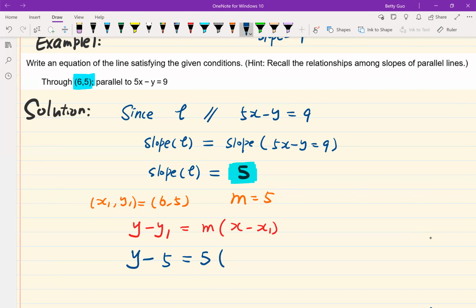Copy it. Copy parentheses. Inside the parentheses, we have x minus x sub 1. What's the value of x sub 1? 6, right? Here we go. That's the equation. That's the equation of the line that passes through 6, 5 and parallel to 5x minus y equals 9.